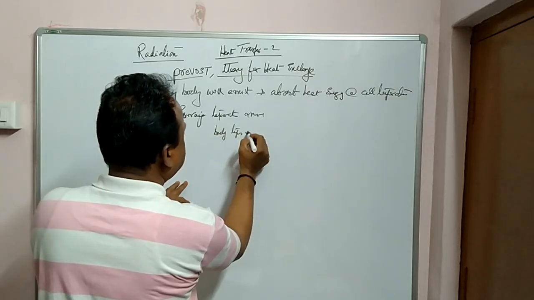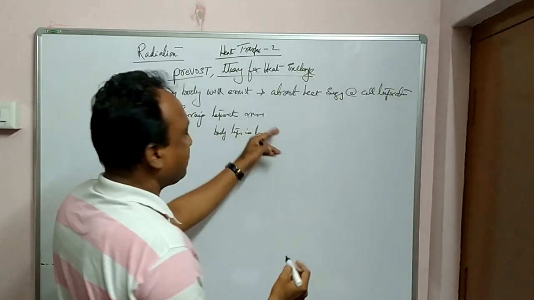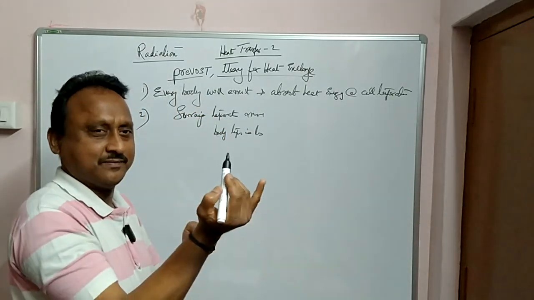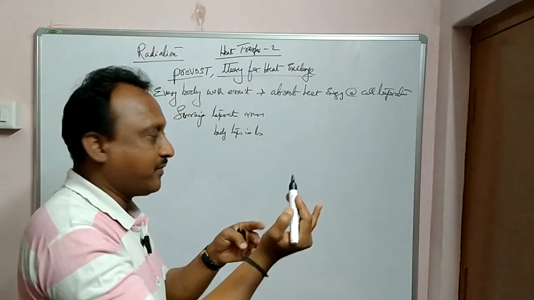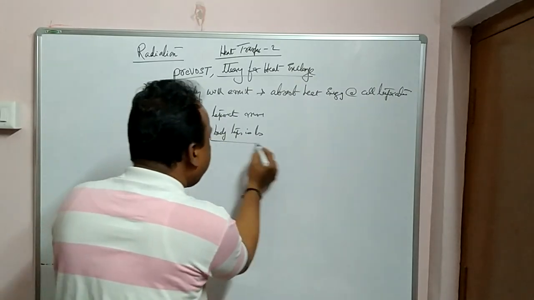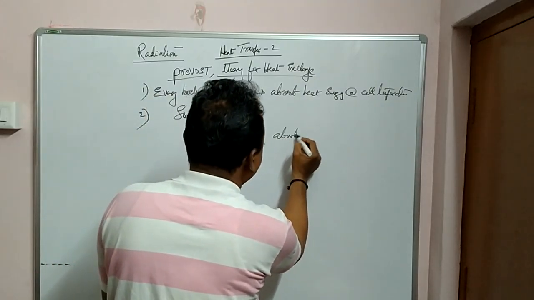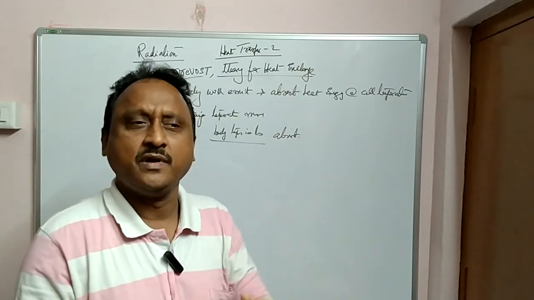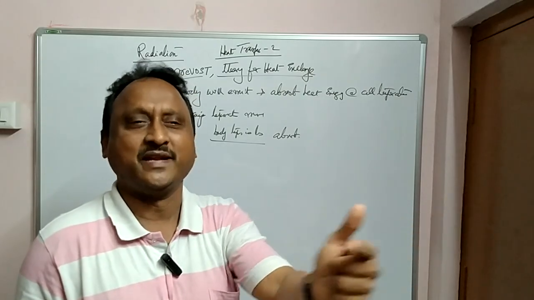If the surrounding temperature is more, what happens? The surrounding body will emit energy and this body will absorb. The body at lower temperature will absorb and the body at higher temperature will emit.